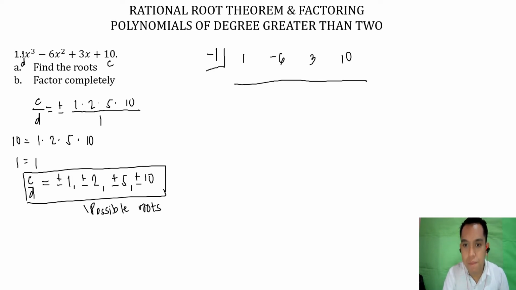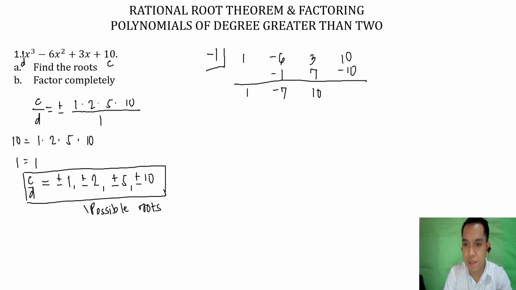Bring down 1. 1 times negative 1 is negative 1. Negative 6 plus negative 1 is negative 7. Negative 7 times negative 1 is positive 7. 3 plus 7 is 10. 10 times negative 1 is negative 10.